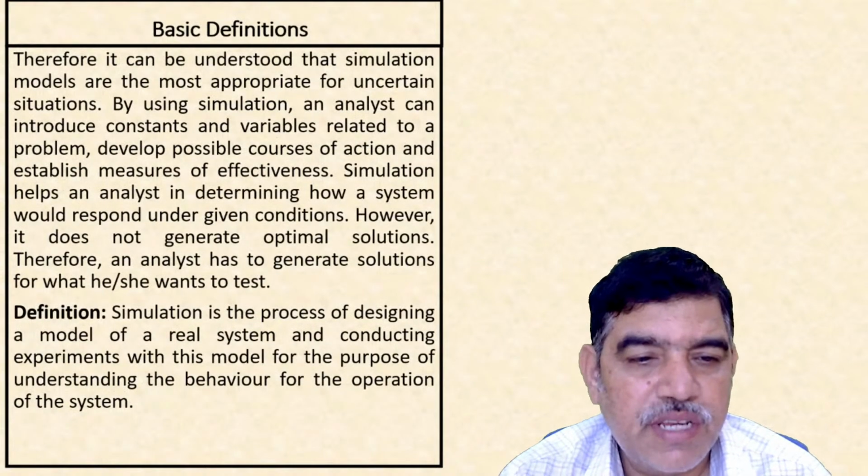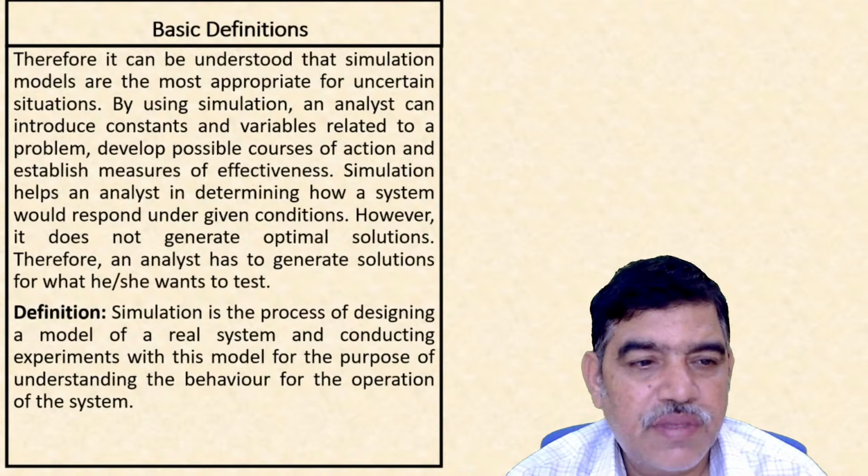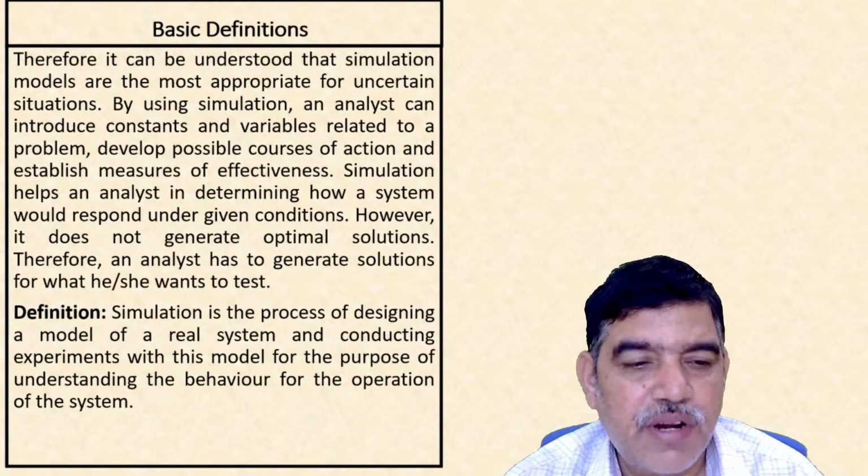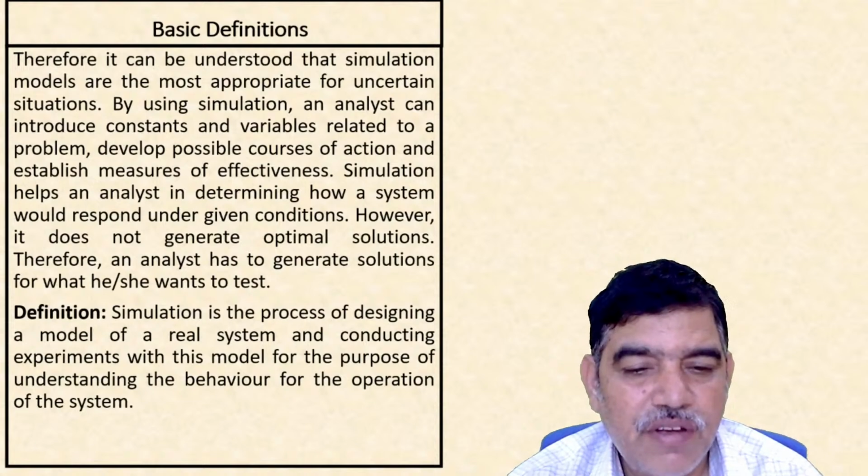Then what are the basic definitions? Simulation means a process of designing a model of a real system and conducting experiments with that system or with this model for the purpose of understanding the behavior or the operations of the system.